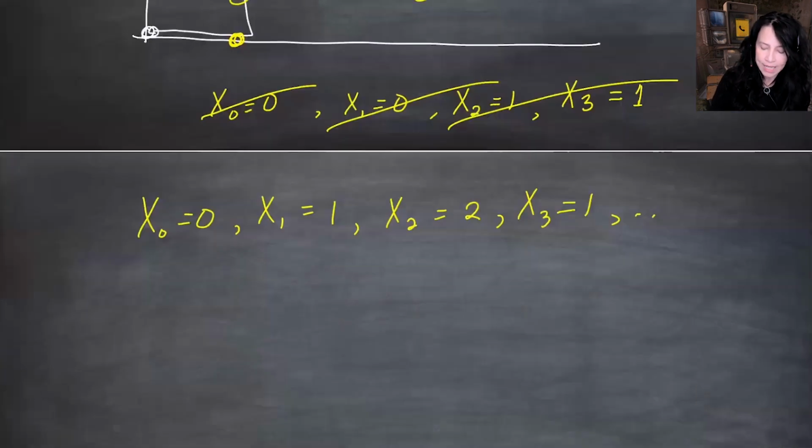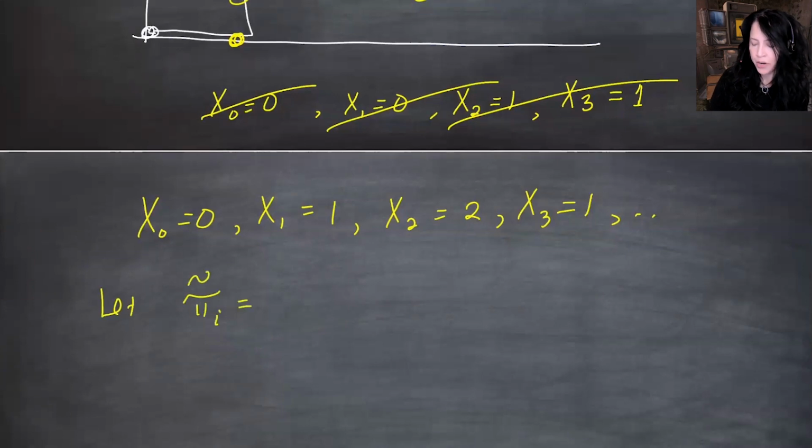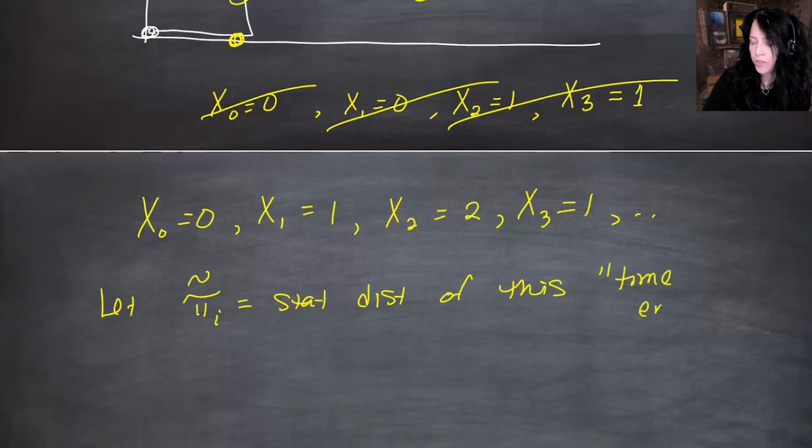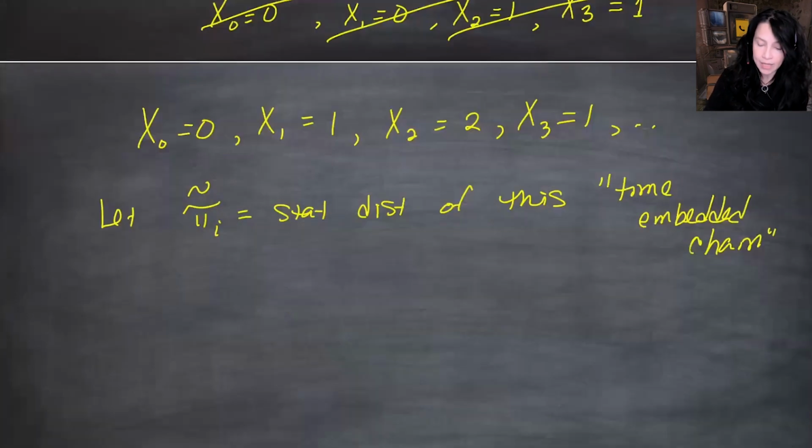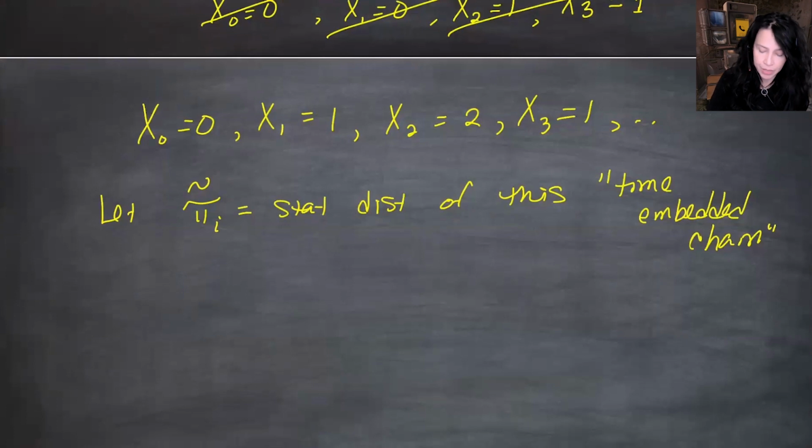And if we let pi I tilde be the stationary distribution of this embedded chain, the so-called jump chain, then we showed in class, and you can just use this, you don't have to rederive it.